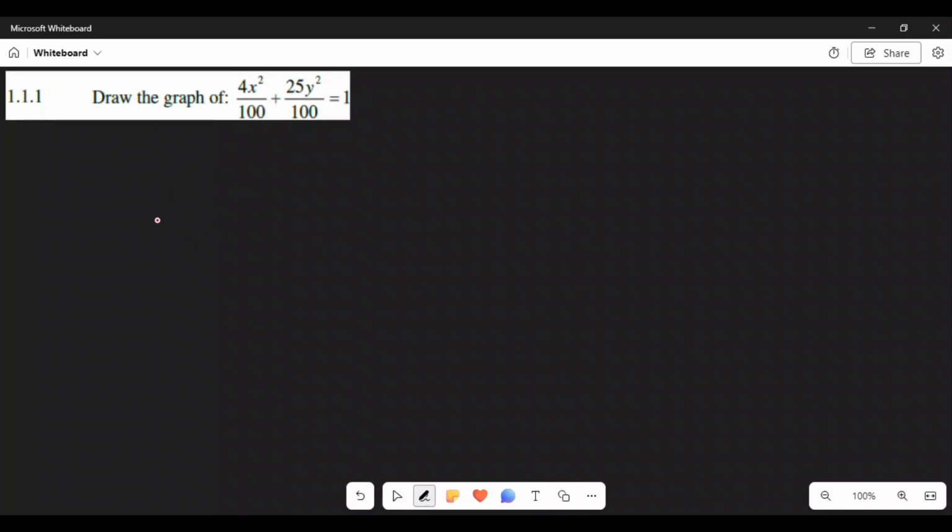Guys, before you draw this graph, you need to understand what type of graph this is. The first thing I do is look at our variables here. We have x squared and y squared, and this is equal to 1. Now look guys, this is actually an ellipse.